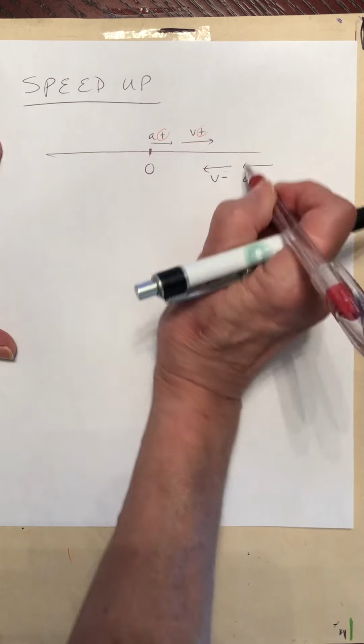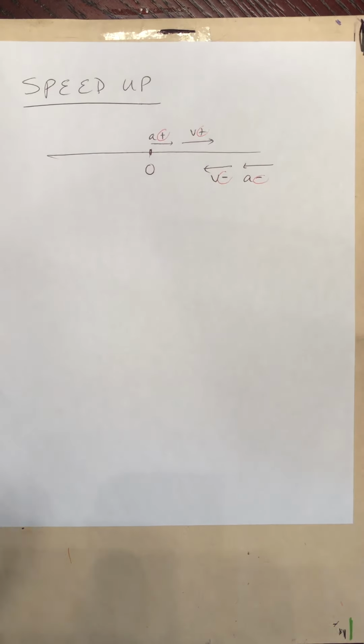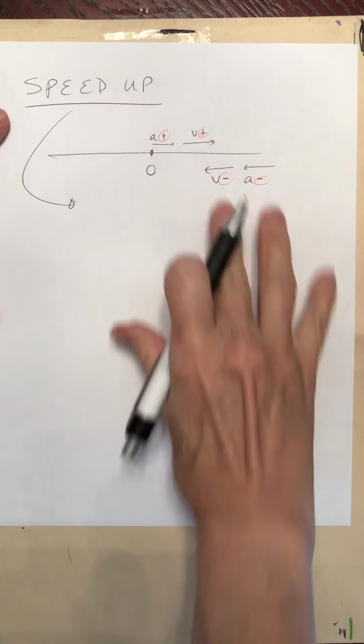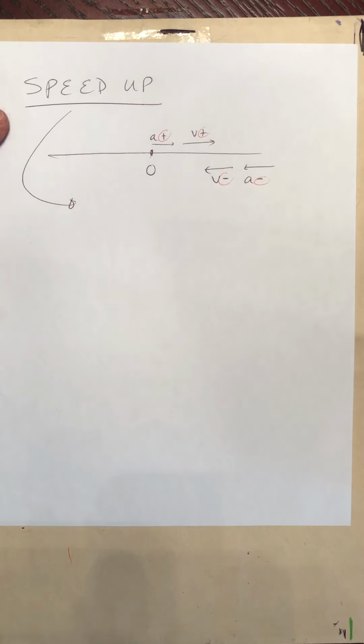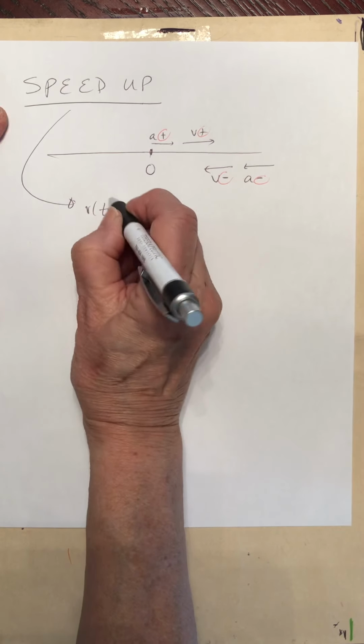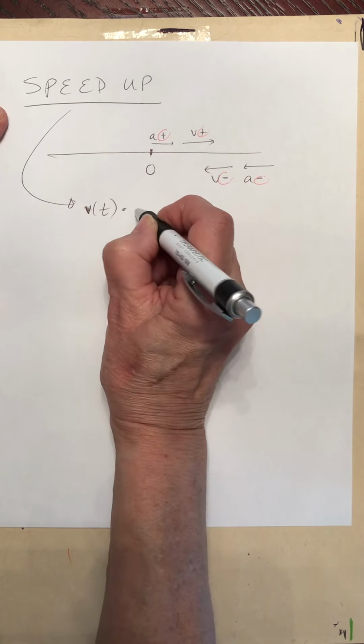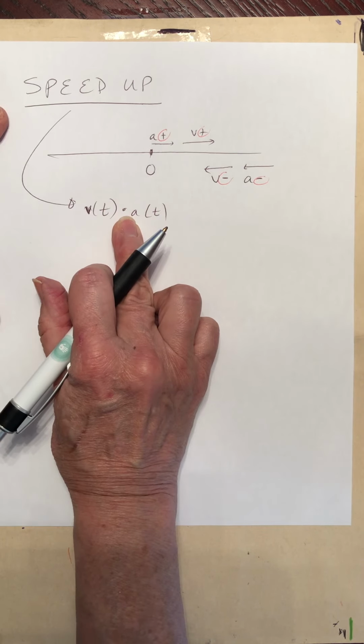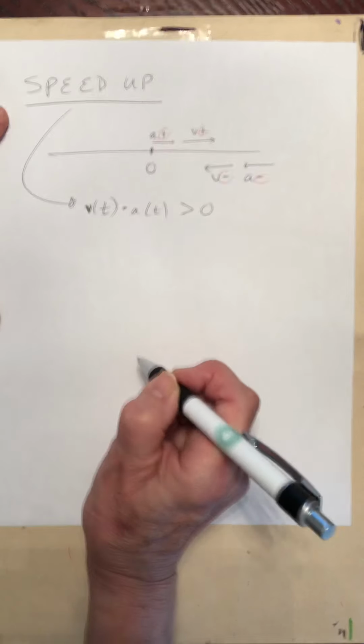So look at what's going on. The forces need to be in the same direction. So to come up with a formula, so I can do some math, how will I know when these equations, because they will have equations, will create a speeding up situation? It's when the product of velocity and acceleration is positive, right?